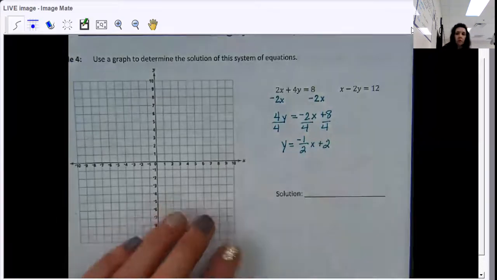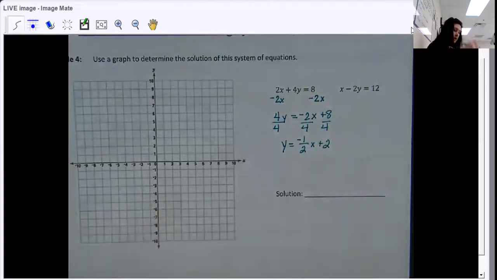And again, I'm going to go a little bit quicker. So if you need to pause and work and then watch me do it, you can do that on the video.